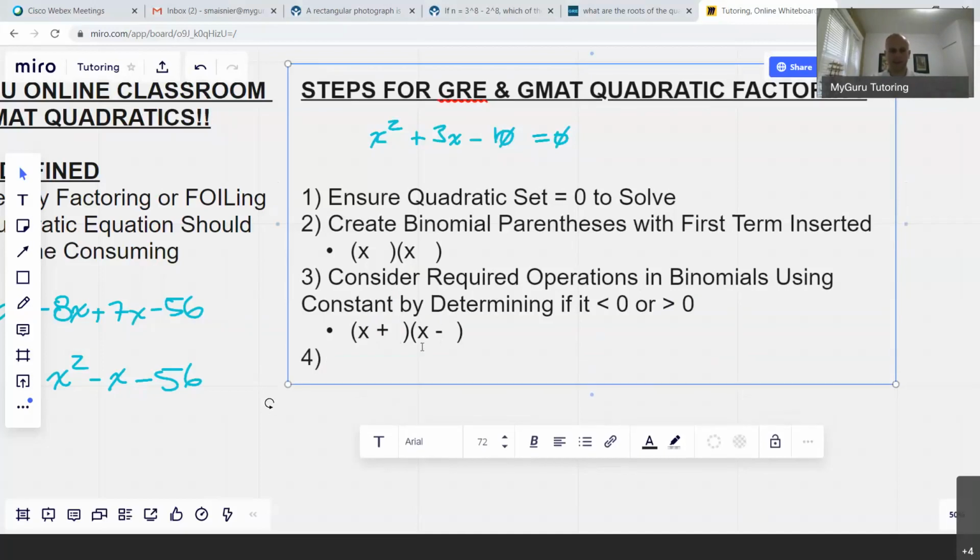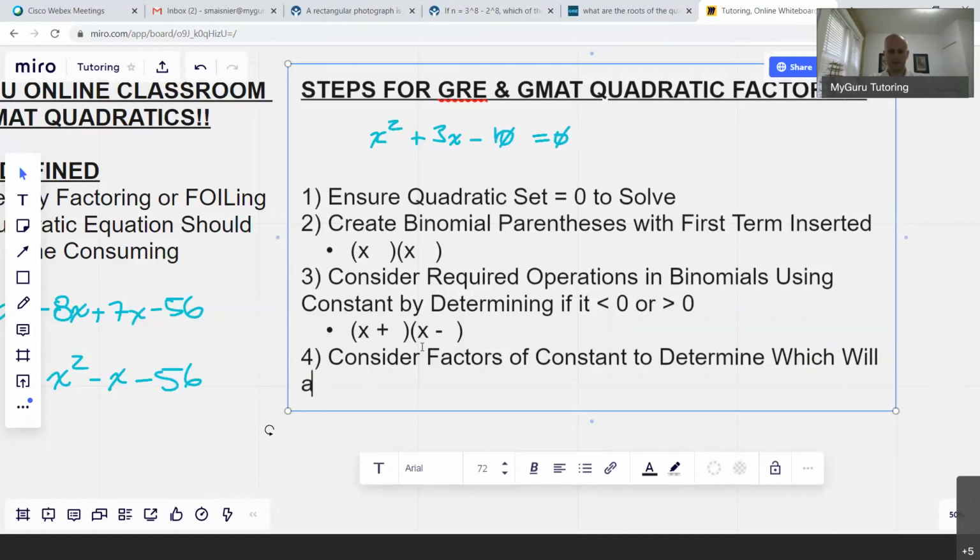And then step 4 is to consider the factors of the constant to determine which will sum correctly to the coefficient of the middle term, basically.